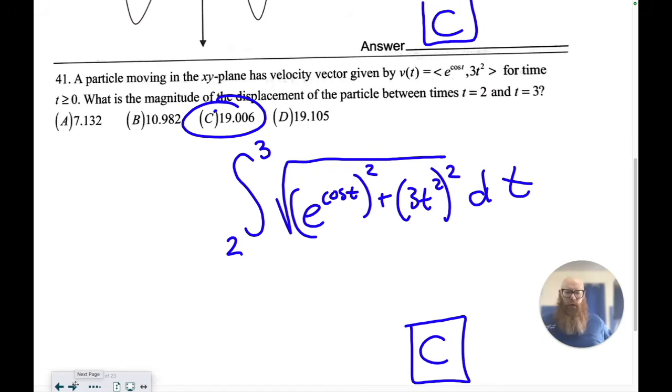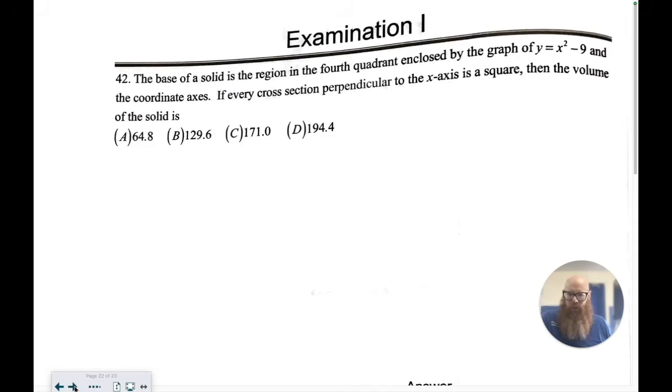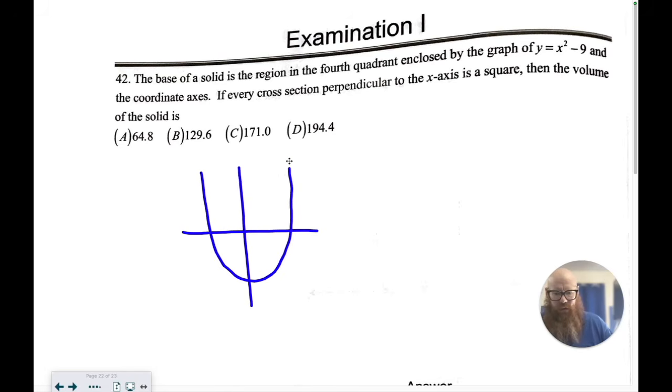Okay, so let's keep going. All right, the base of a solid is this graph. If we look at x squared minus 9, it looks like that. It is in the fourth quadrant, enclosed by that graph. So we're just looking here.